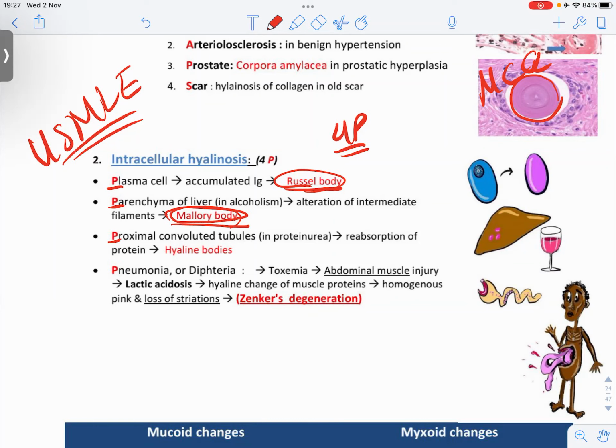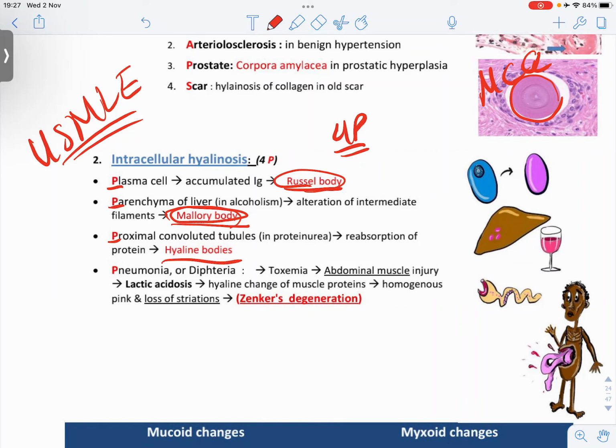But when the glomeruli fail to filter this protein, the protein will go inside the tubules, and the proximal convoluted tubules will try to solve the problem by reabsorbing the protein. But the problem is that the proximal convoluted tubules will reabsorb protein but will not be able to release this protein into the bloodstream. So the protein will be accumulated inside the proximal convoluted tubules, and it's called hyaline bodies.